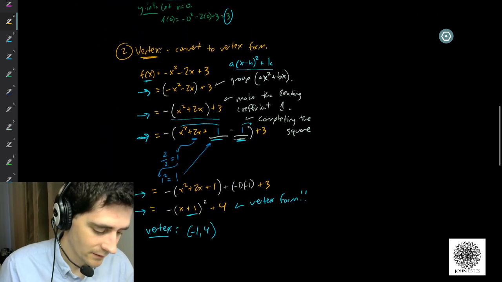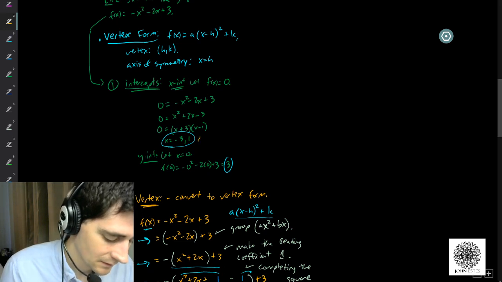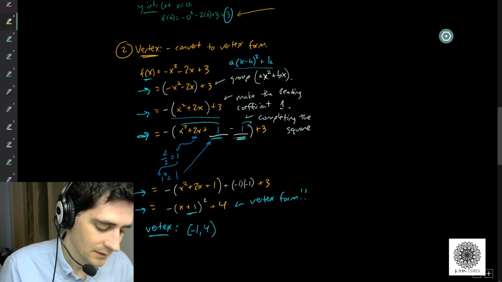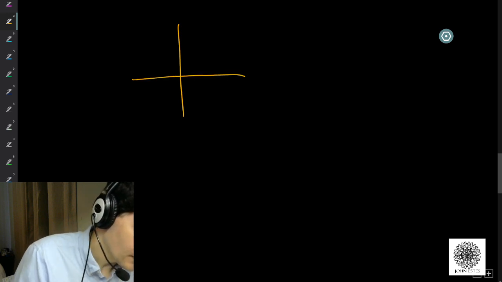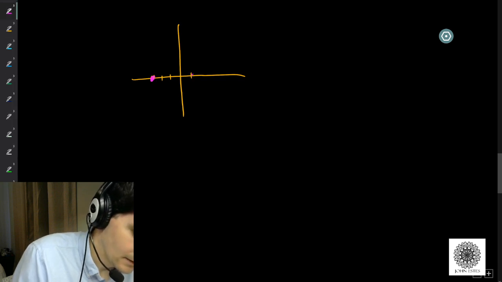We said our intercepts were what? Negative 3 and 1 for the x-intercepts, and 3 for the y-intercept. Okay, so when I come down here to graph, I said what? Negative 3 and 1 for my x-intercepts. There and there.